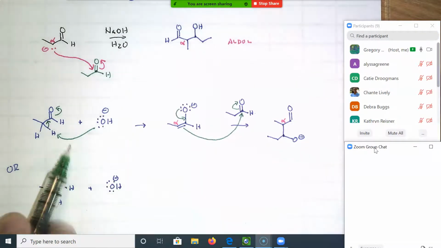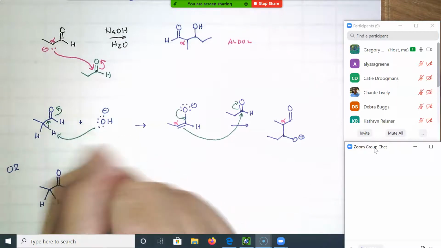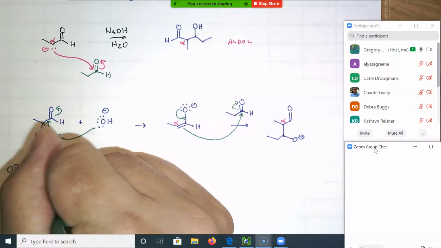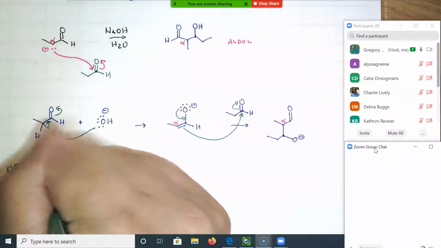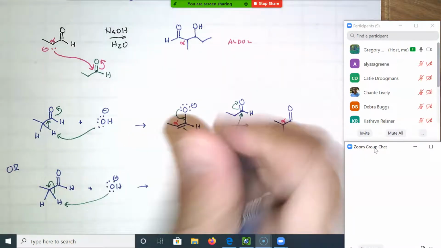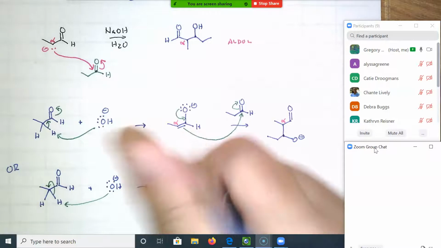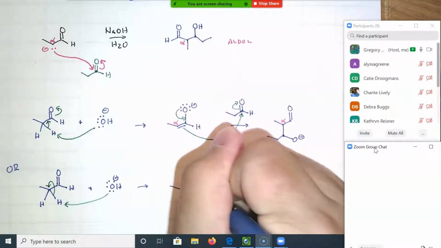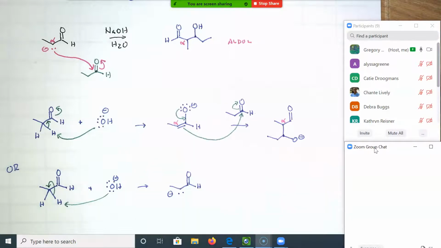Same first green arrow. But now my second arrow is going to push these electrons directly onto the carbon, like that. So I'm going to get a different structure as an intermediate. I'm going to get the enolate, but now the enolate in the form of the carbon anion.